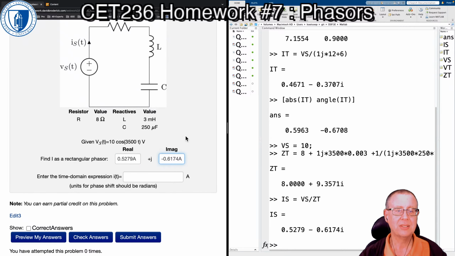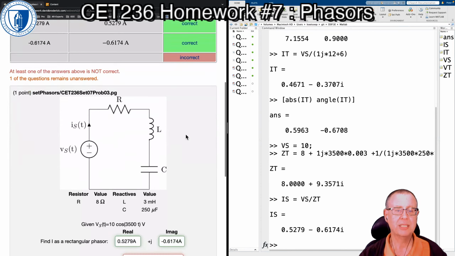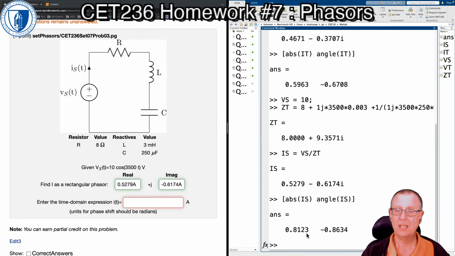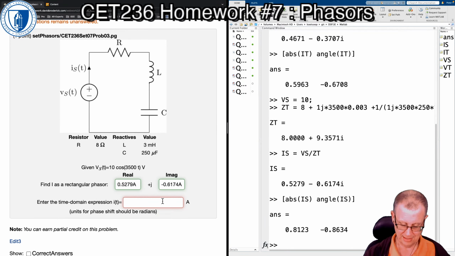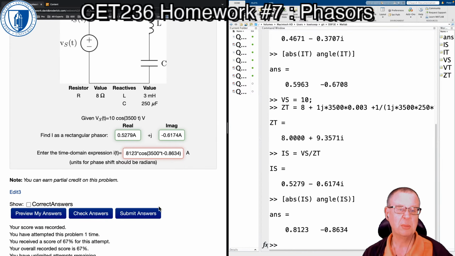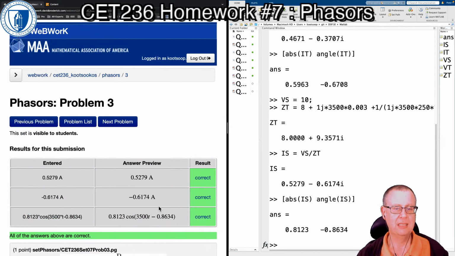Let's try that out. Yeah, we got that right. And then the time domain expression, we need again the absolute value of IS and the angle of IS, and that's 0.8123 times cosine, and now it's 3500 was our frequency, 3500 t minus 0.8634. Okay, and see whether that works. And that looks pretty good.